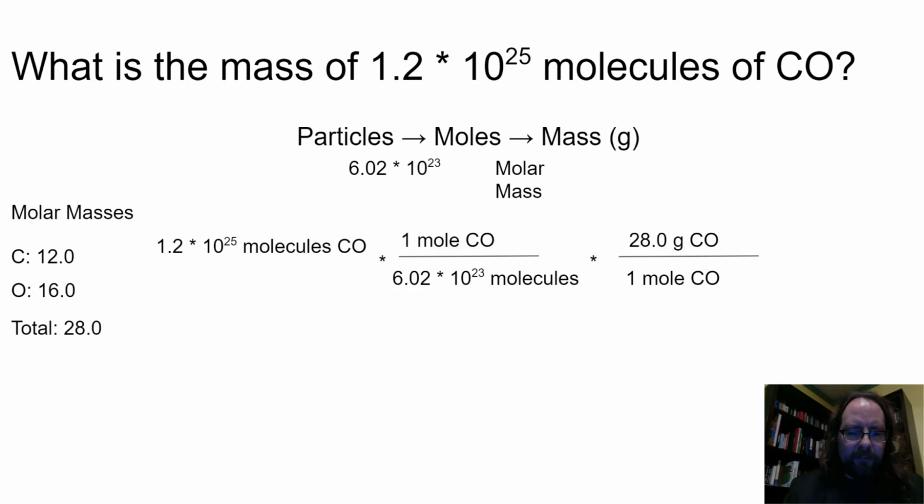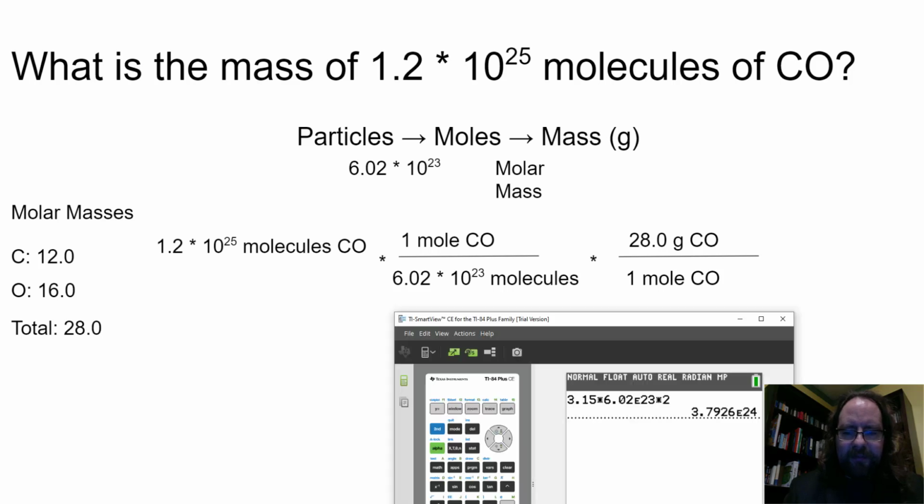So again, we're going to bring out the calculator, and we're going to now do the computation. A bit more computation here, but not much. So 1.2. Again, I prefer to use my double E notation for scientific notation on the calculator. It makes some of the computation a little easier. So 1.2 times 10 to the 25th. Some students like to multiply by the 1 when they do this.